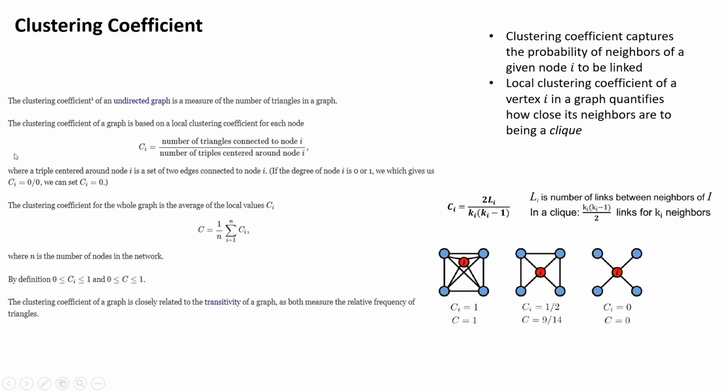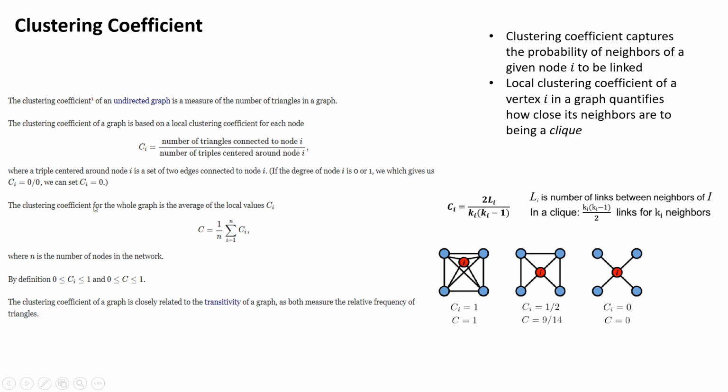A triple centered around node I is a set of two edges connected to node I. So you have to count the number of pairs of edges connected to node I, and use that to divide the total number of triangles around that node. So ultimately, you're dividing the total number of cliques around that point by the total number of paired connections around that point. That gives you the clustering coefficient.